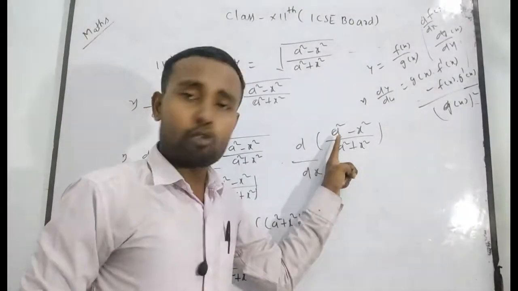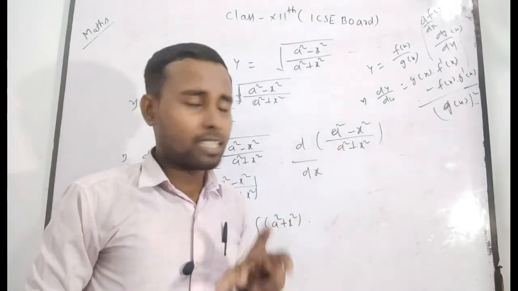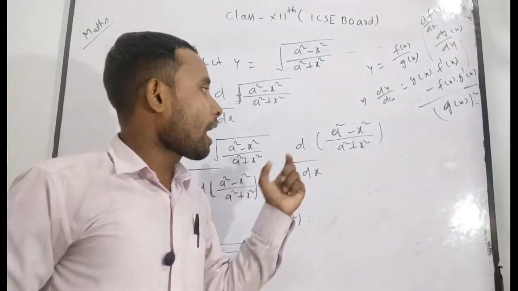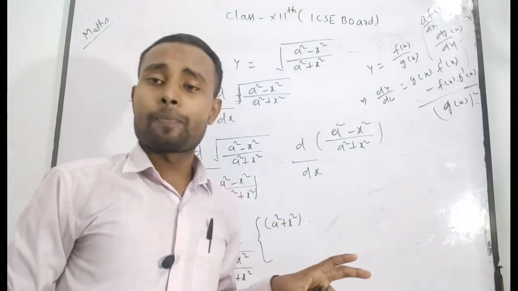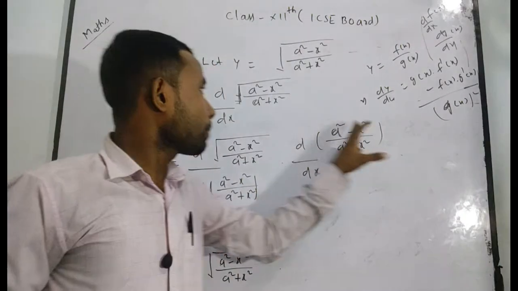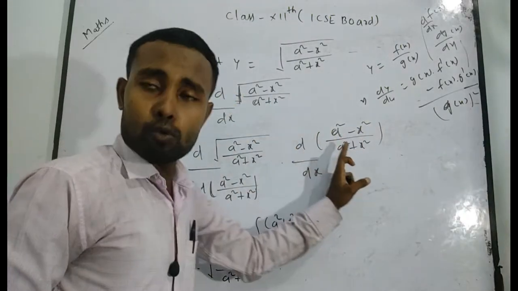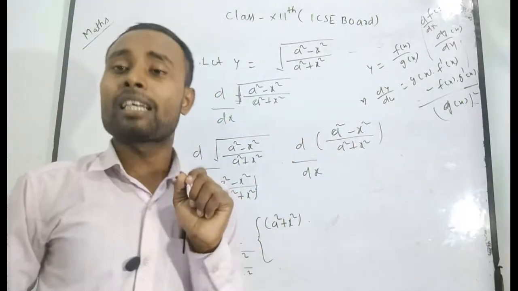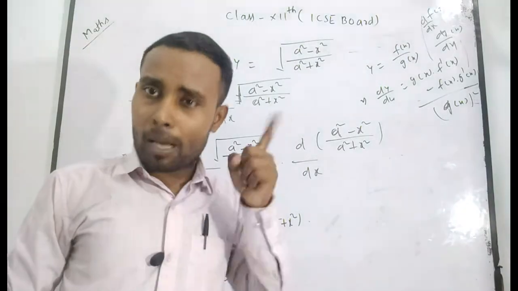So here a is constant. In this chapter, except x and y, all these terms are constant. So here x is variable, y is variable, but a is constant, a square is constant. If a square is constant, then its derivative will be 0.